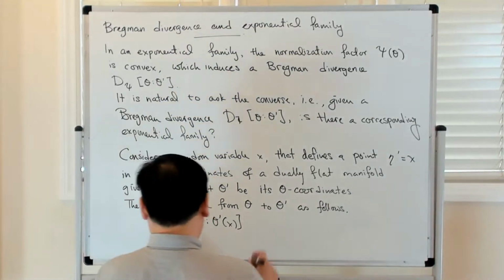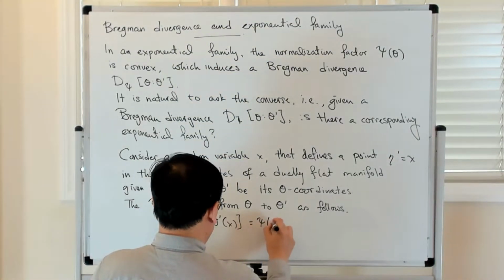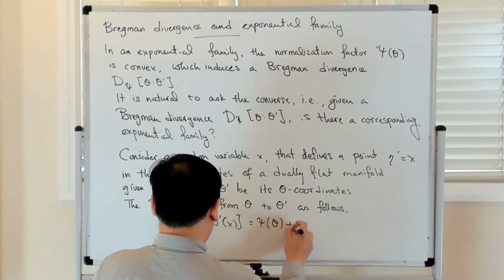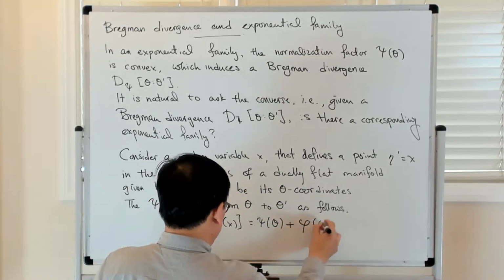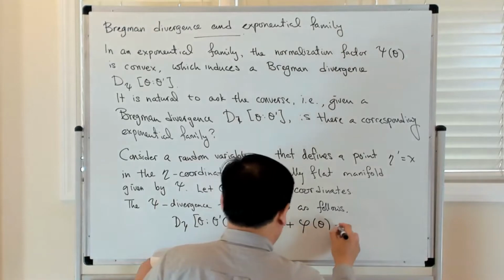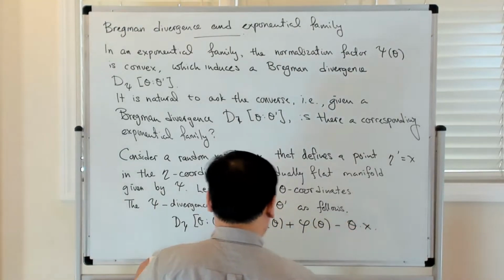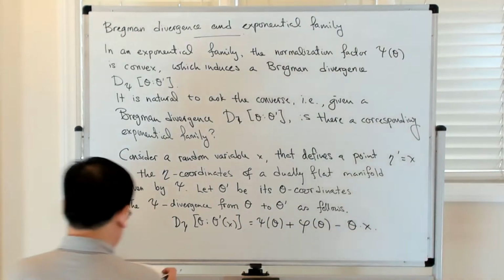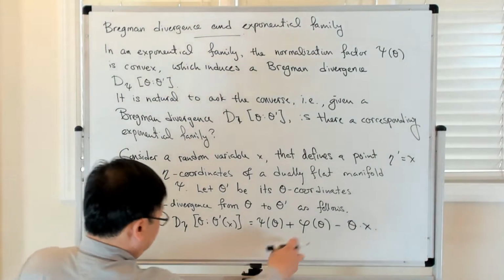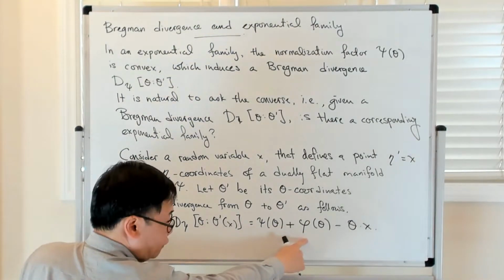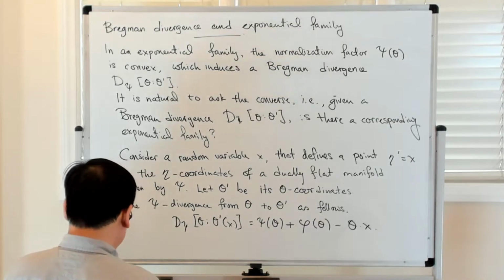So this is phi of theta plus psi of theta minus theta dot x, where psi, if you recall, is the convex dual of the function.